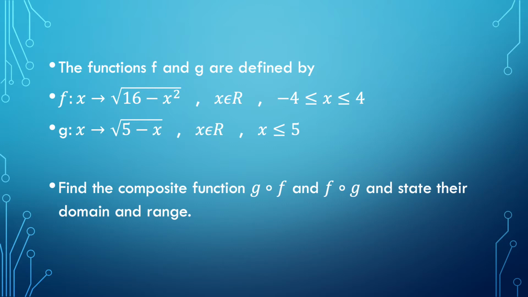The other function, g: x maps to square root of 5 minus x, x belongs to real numbers and x less than or equal to 5. Both functions f and g are radical functions. The problem is to find the composite functions g of f and f of g and state their domain and range.